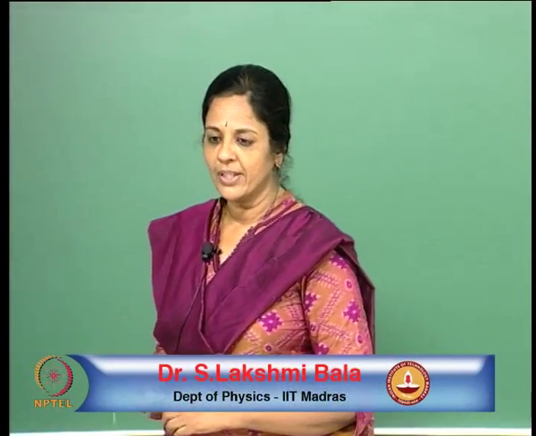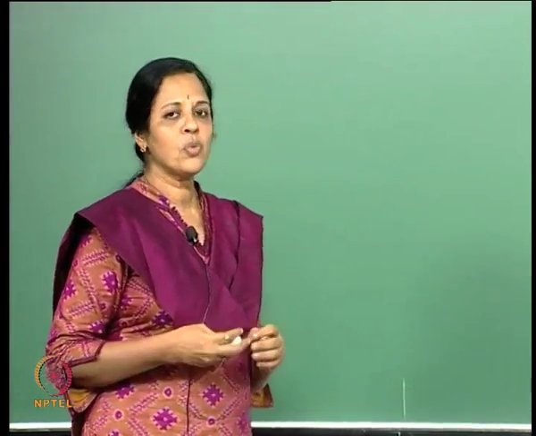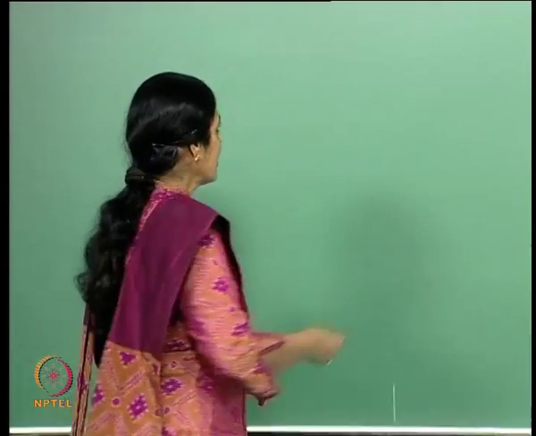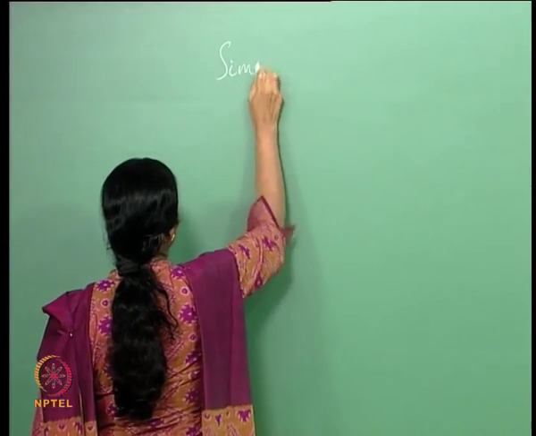Last lecture we were looking at the simple harmonic oscillator, and this was in the position representation. So we will continue with the linear harmonic oscillator, the simple harmonic oscillator.